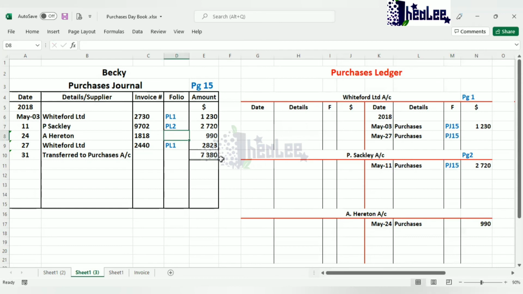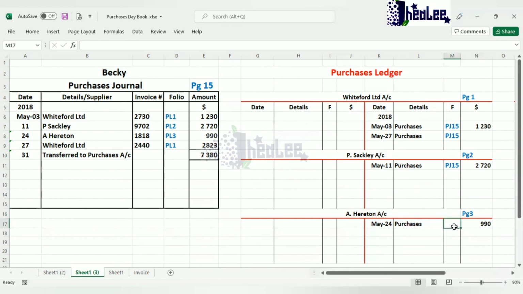And to complete this very last one, A. Ayrton's account is located in the purchases ledger, and I am going to call this page 3. So to the right of A. Ayrton's account title, I'm going to write PG3, as was used in the purchases journal to complete the folio.